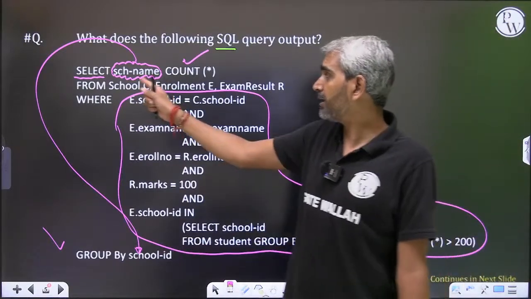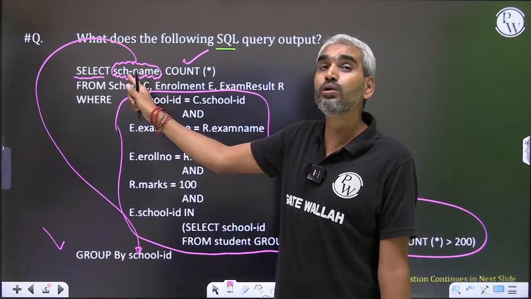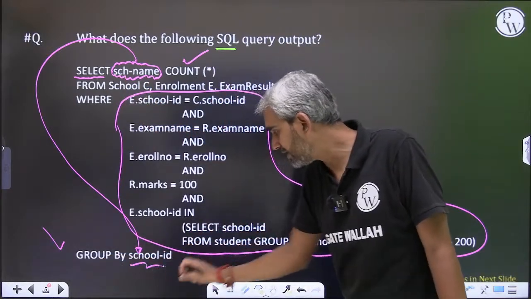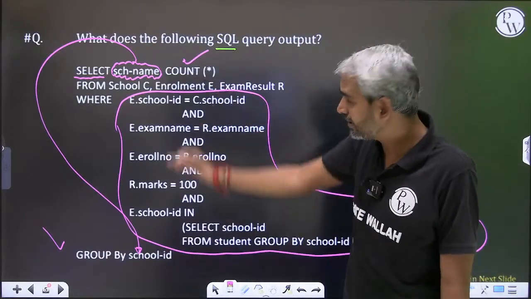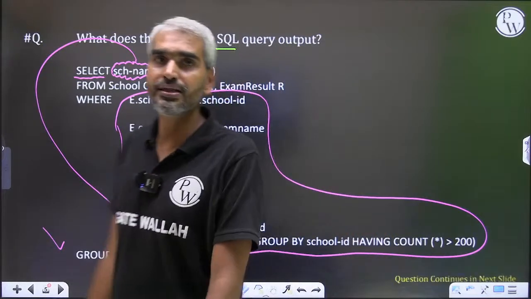Here, the attribute present in the select clause along with the aggregate function is school name, whereas the group by clause is applied on school ID. So this query is an invalid query. It will not execute. Got the idea?